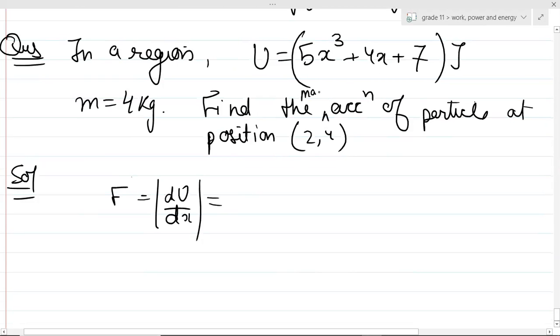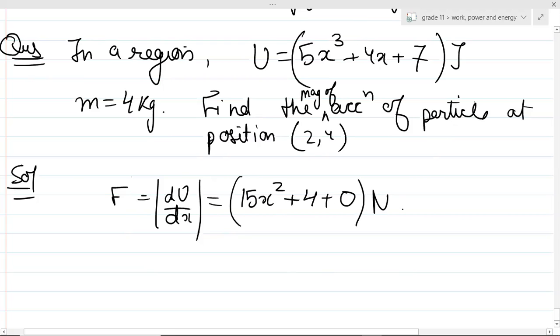Find the magnitude of acceleration. I just want the magnitude. So what is the differentiation of this? 5x cube will be 15x square plus 4 plus 0. This will be the force, right? And what will be the force at, they asked, find the magnitude of the acceleration at position 2 comma 4.